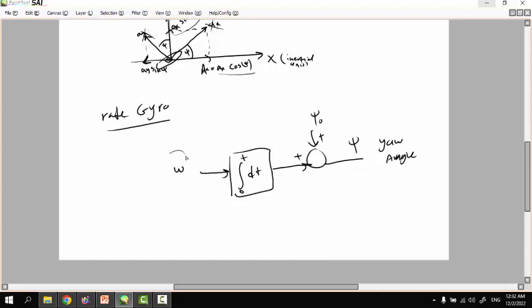So we have the yaw rate here, and the yaw angle here. We make an integration for this.